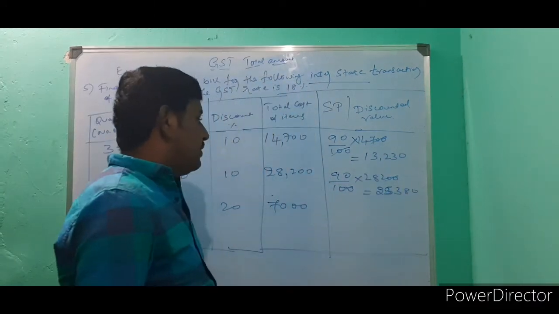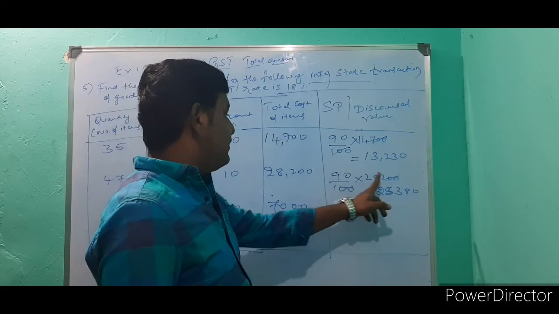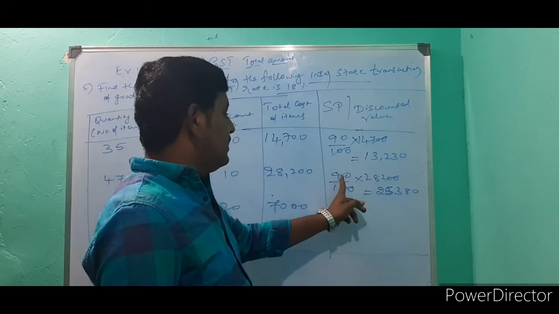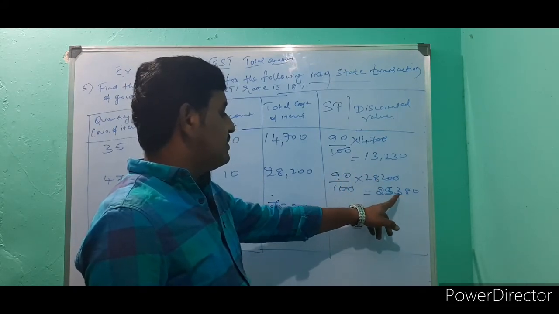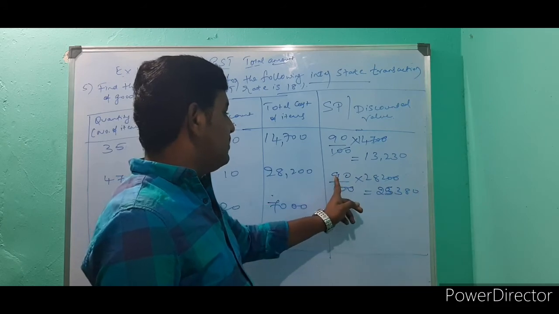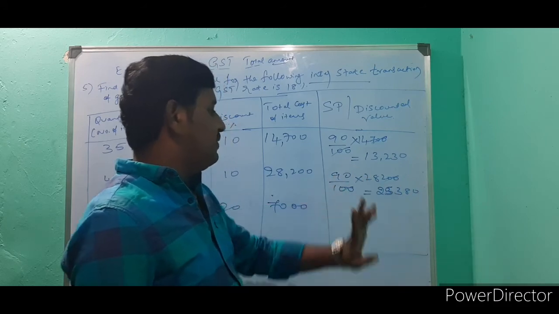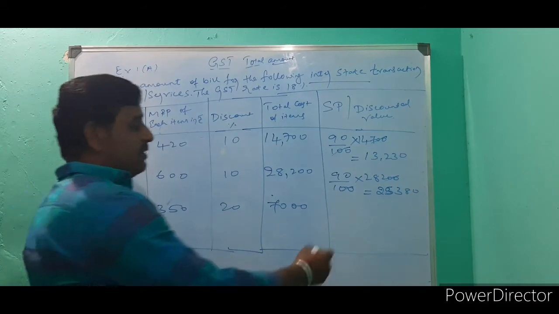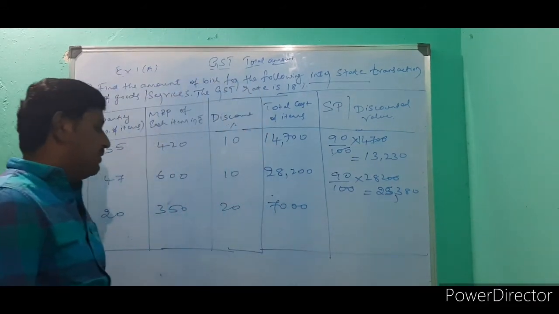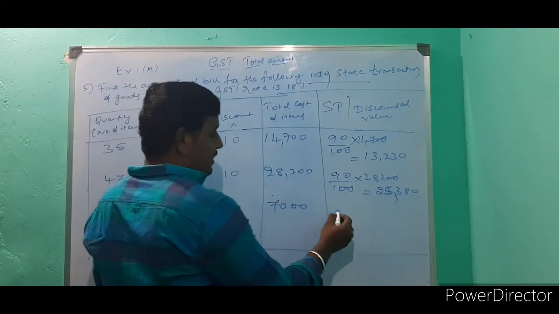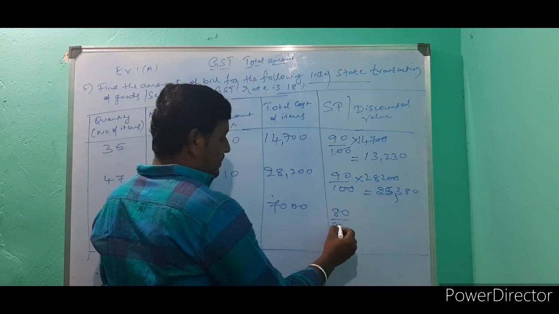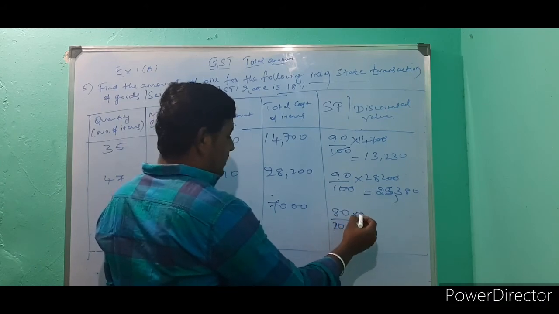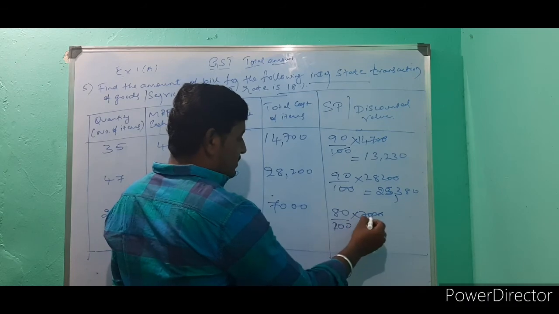Next, for the 20% discount, 80 divided by 100 into 7,000.